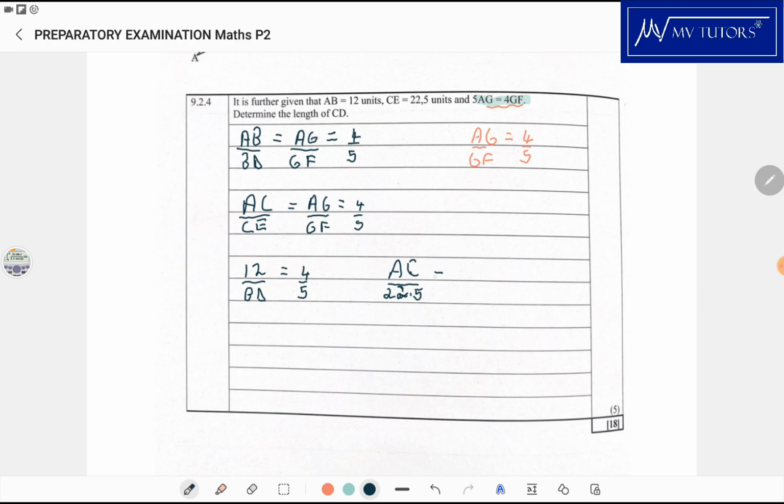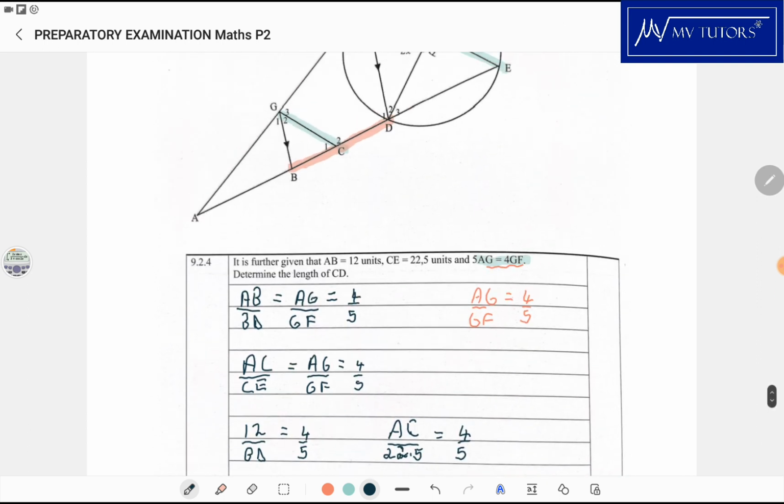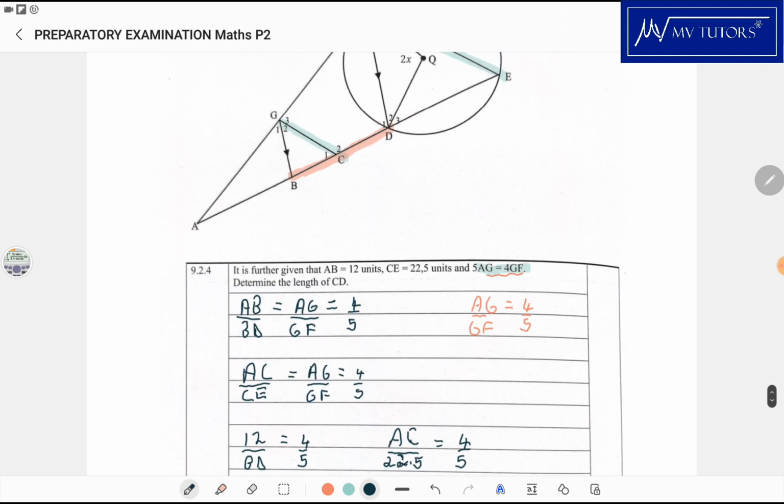Okay, that's equal to the same 4 over 5. I'm using the second condition. So here I'll be solving for AC. Now let's go and highlight AC. AC is actually from here to there.